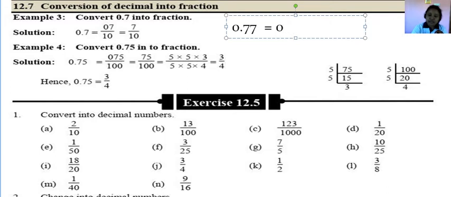So 0.77 becomes 77 divided by 100. If there is 0.777, then it will be 777 upon 1000. So this is the quick process.